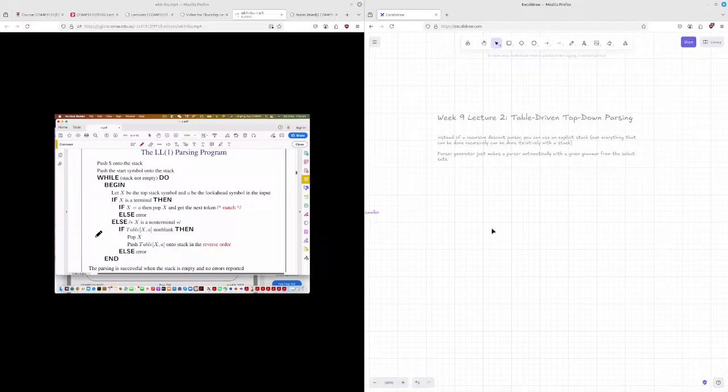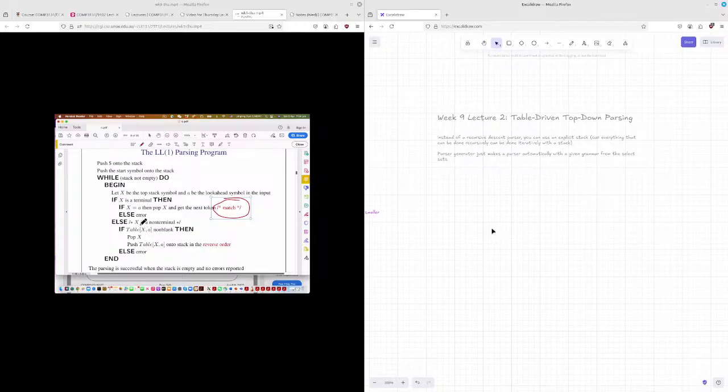There are really just two cases. If X, the symbol on top of the stack, is a terminal, you want X to be the same as A. That corresponds to the match procedure used in our parser, if you still remember that. Otherwise, if X is a non-terminal, you need to predict which production to use. You don't have to do anything because everything has already been stored in the table.